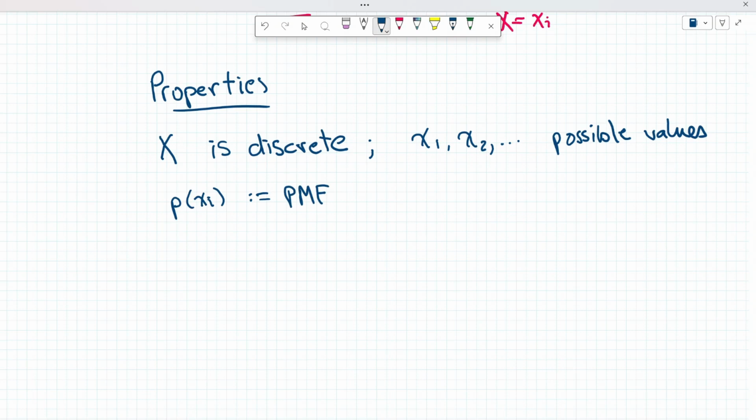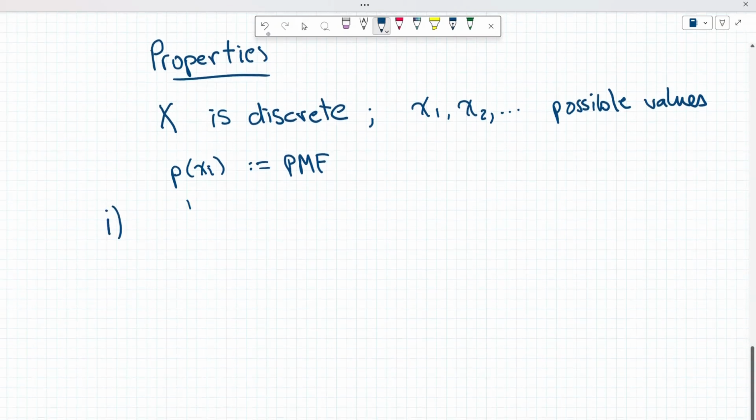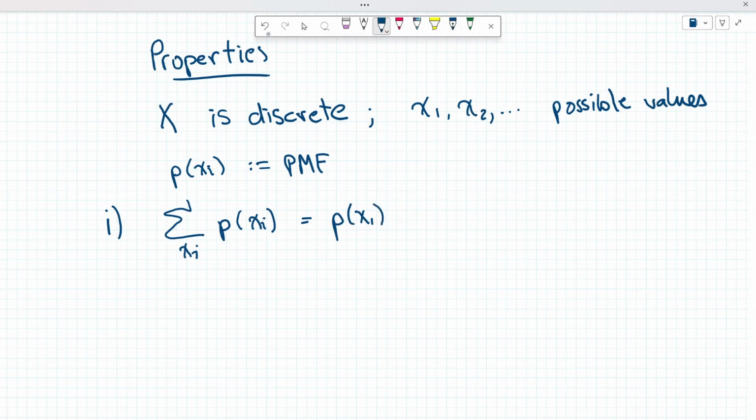It must satisfy the following. The first thing that it has to satisfy is that the sum over all our xi, over all our possibilities, of the probabilities, so P of x1 plus P of x2, and so on, must equal 1.